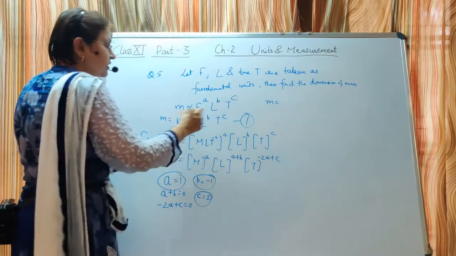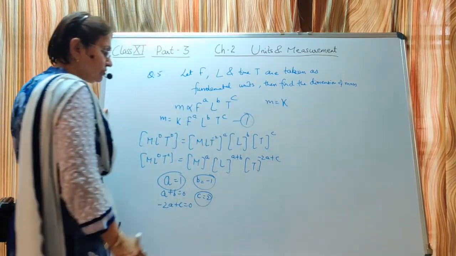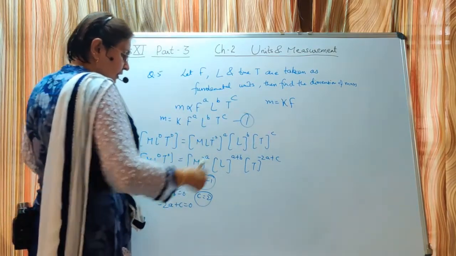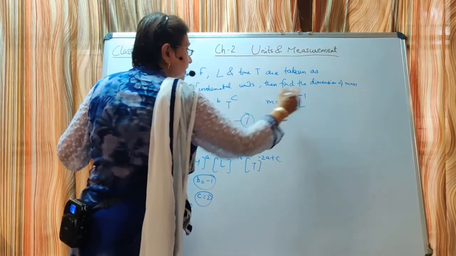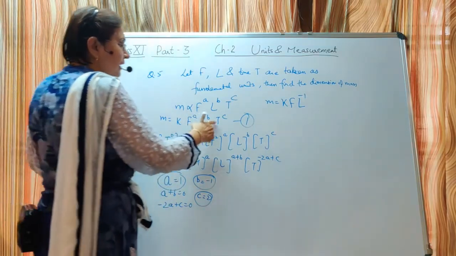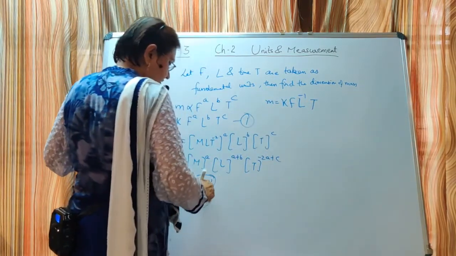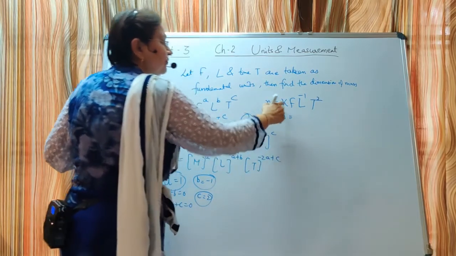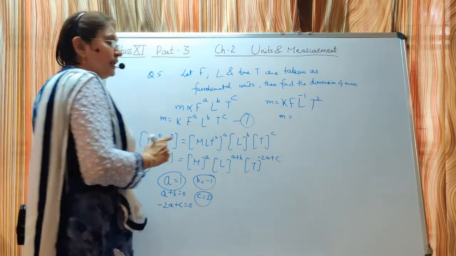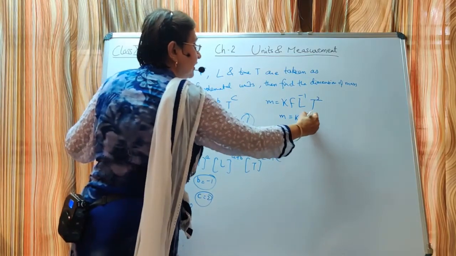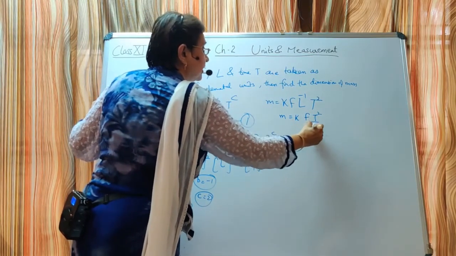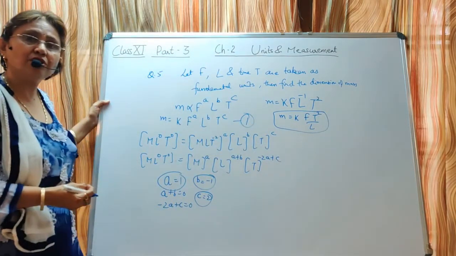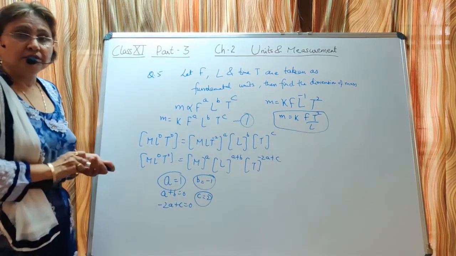So M is equal to the dimensionless constant K, F raised to the power a which is 1, length raised to the power b which is minus 1, and T raised to the power c, which is plus 2. So mass in terms of F, L and T is F into T square upon L, which is the formula of mass in terms of force, time and length.